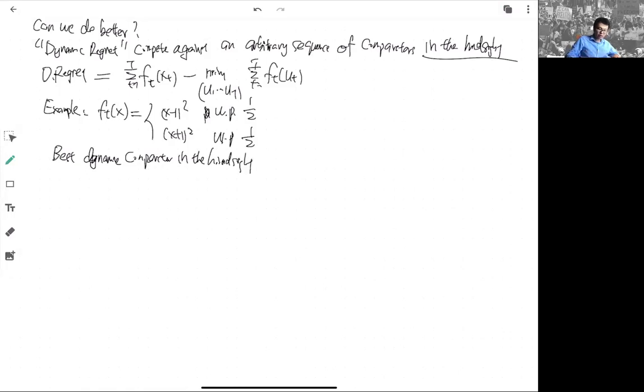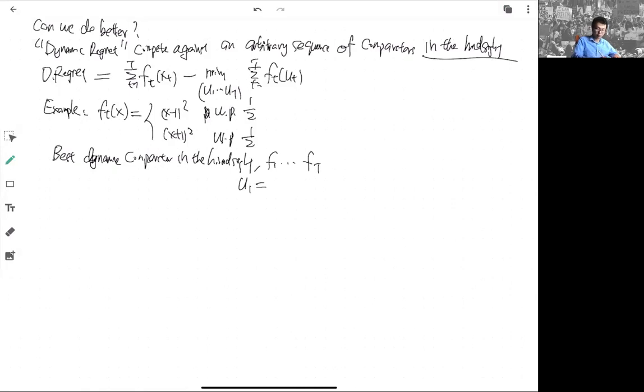The best dynamic comparator would simply look at all these realized random coins, right? The best comparator has access to f1 to ft. Therefore, it can simply choose u1 to be either 1 or minus 1, depending on which function f1 turns out to be.